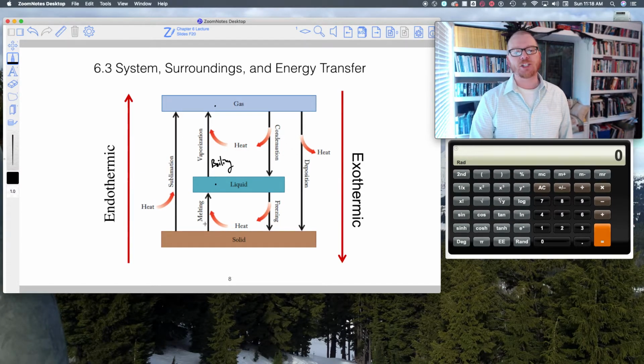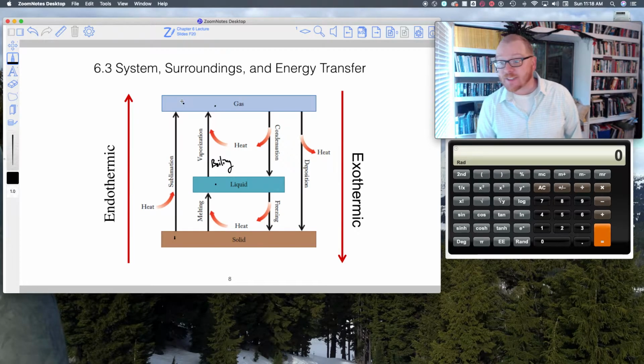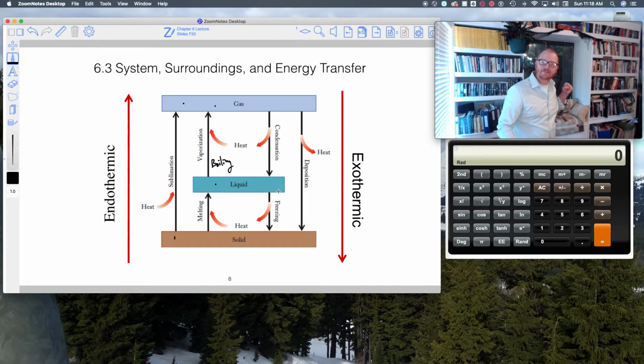Similarly for sublimation, when you go directly from a solid to a gas, that requires heat to go in. But now if you think about all the opposites of these, I think these are all less intuitive. So back to that freezing example. If we want to freeze some water, we have to remove heat from it.